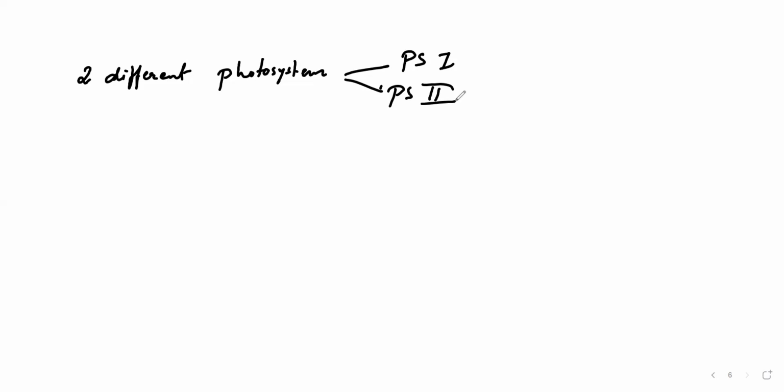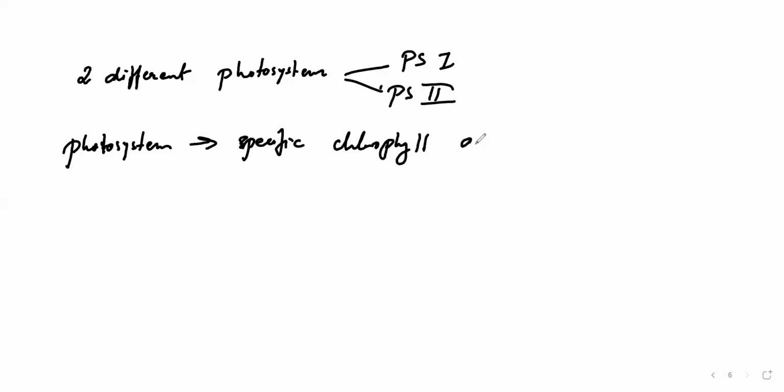Now, if you take either one PS, it will have one specific chlorophyll. It's not that chlorophyll A, B, xanthophyll, carotenoids, everything will be present over there. Each photosystem is going to have a specific chlorophyll, which is A, and plus other accessory pigments with some proteins.